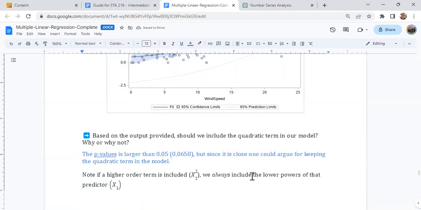Some people use a p-value cutoff for regression of 0.10 or 0.15 because of this. So there's less of a consensus. The default is still 0.05, but in some textbooks I've seen, they do say to use 0.15 for deciding whether to keep terms in the model or not.